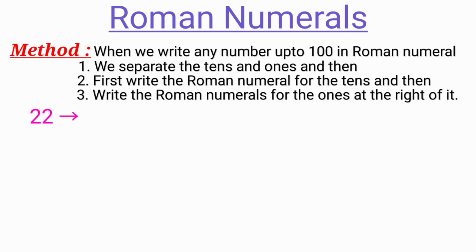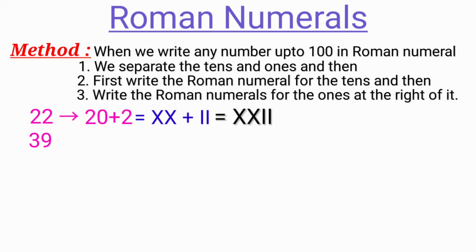Separate the number 22 into tens and ones. That is 20 plus 2. First, we will write the Roman numeral for 20. Then we will write the Roman numeral for 2 on the right of it. For 20, we will write the Roman numeral XX. For 2, we will write 2 times I on the right of it. That is XXII.